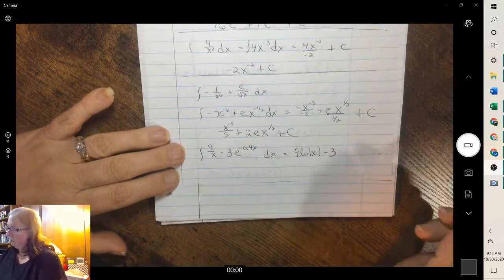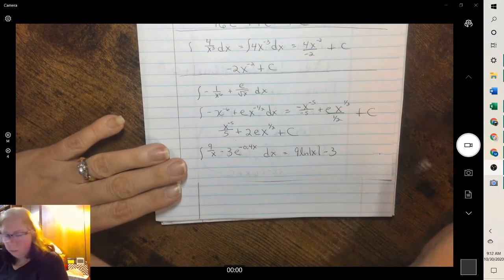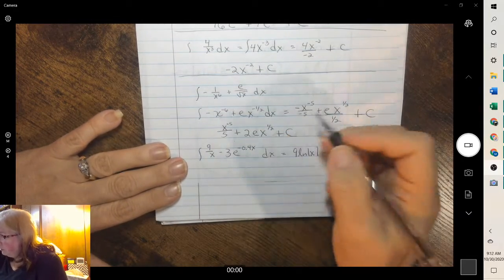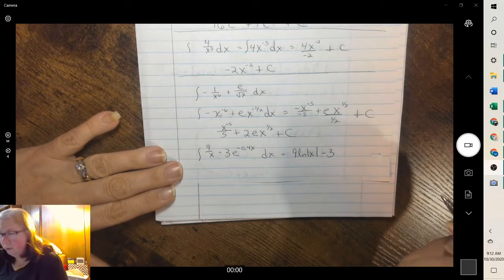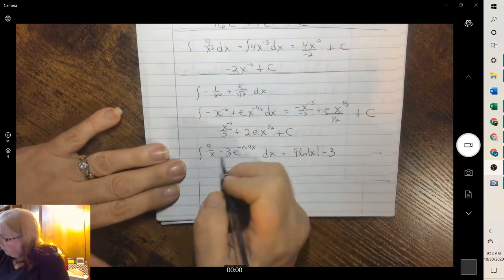For the exponential rule, the function stays the same, and then you divide by the derivative of the exponent.